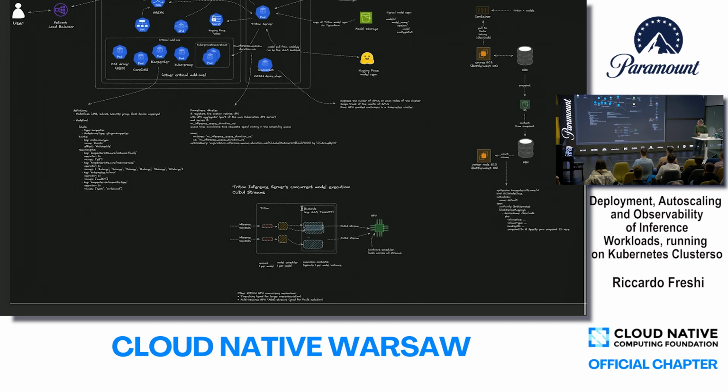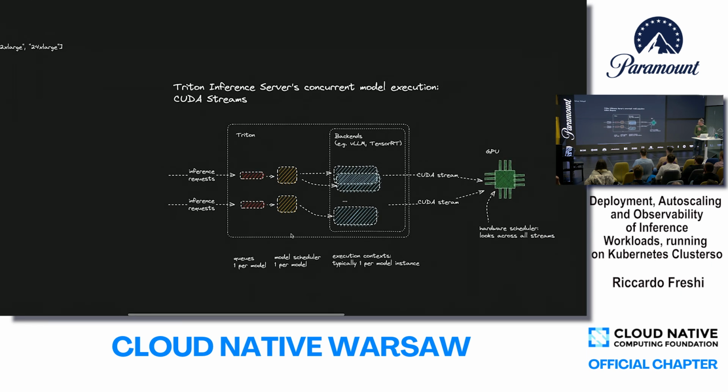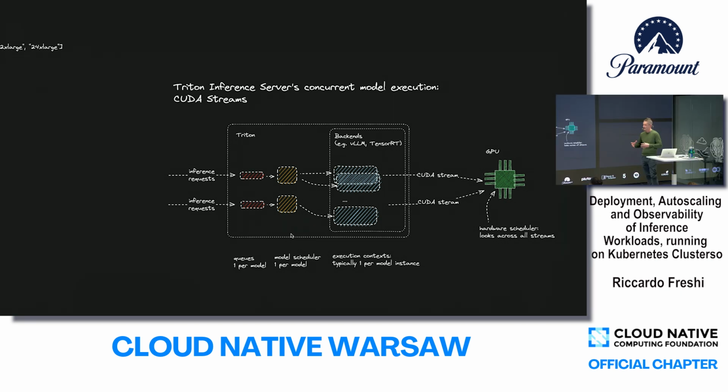And the way it works is a little bit like this. I said that it actually runs multiple models, and in terms of concurrent model execution, Triton works this way. For every model, there is a model backend. The backend represents an engine that is running the model, like I said, for example vLLM and TensorRT. It supports many others, by the way.